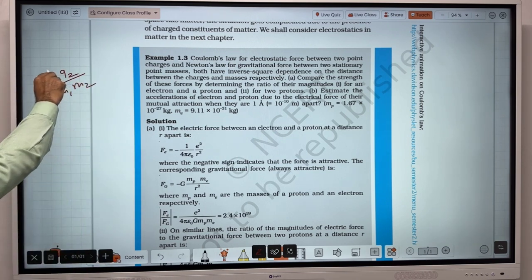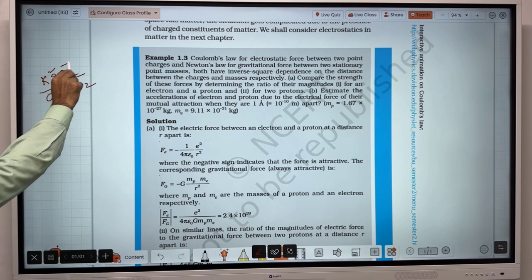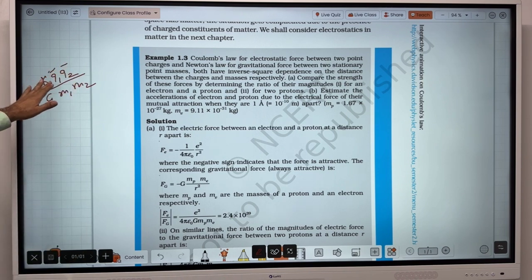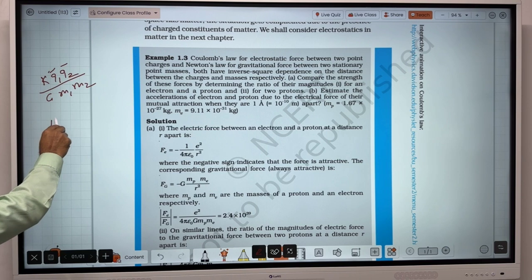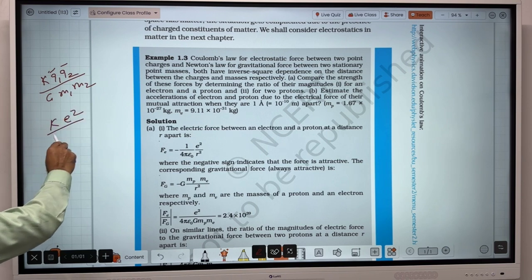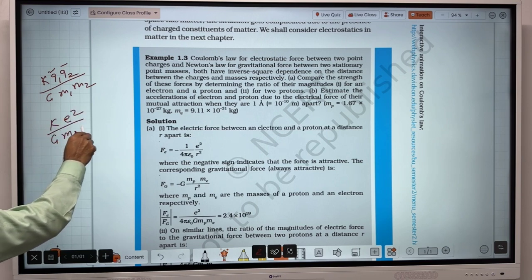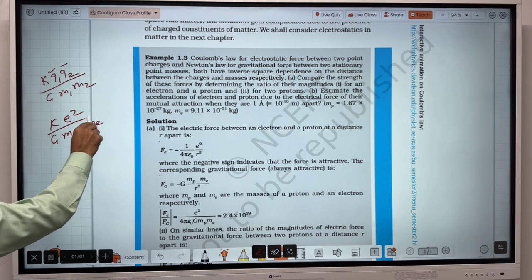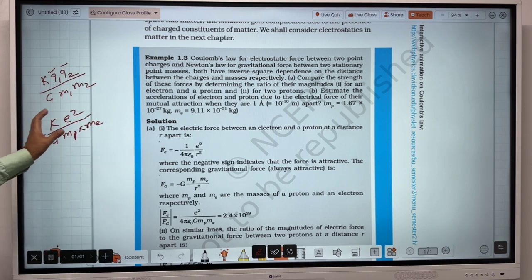Or if these are charges in terms of electronic charge, suppose this is E, so we can write it Ke square divided by G times mass of proton into mass of electron. And suppose you want to find out what is the unit or what is the dimension of this thing.